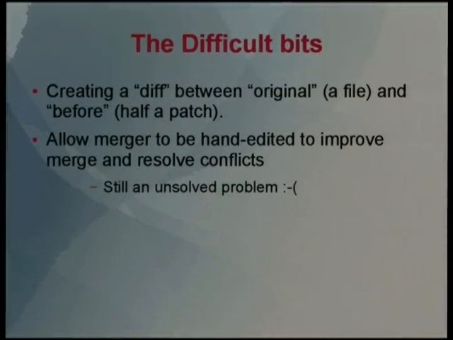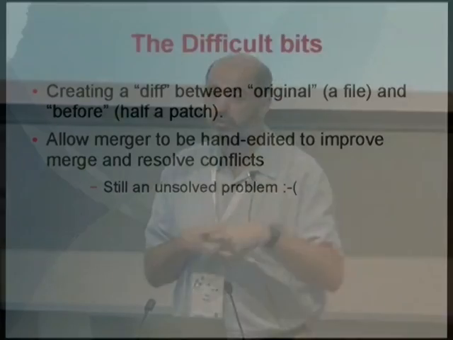It's kind of difficult, I discovered, to create a diff between the original file and the before part of a patch. Because the original file is big-ish, and the before part of a patch is 5 or 6 little hunks that line up, hopefully in the same order, somewhere in this file. And importantly, where a hunk matches the file is probably all still fairly close together.